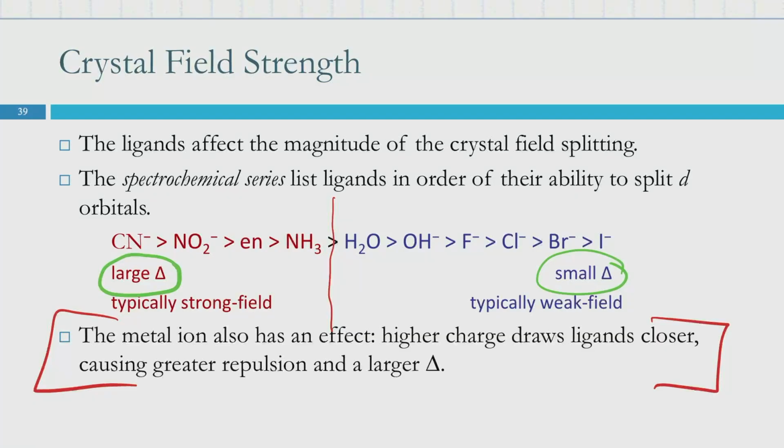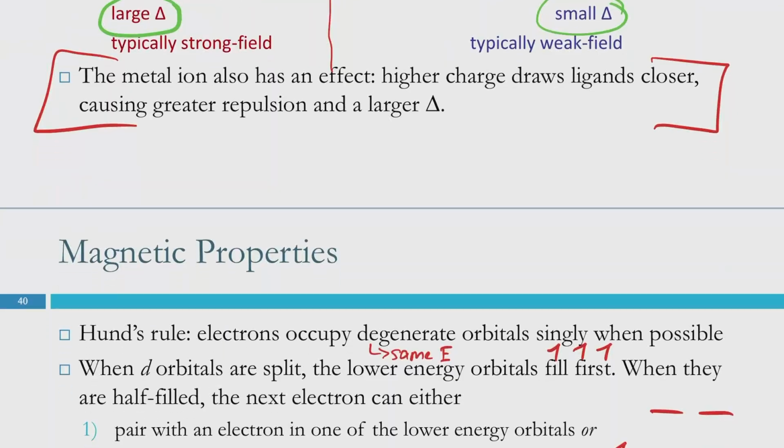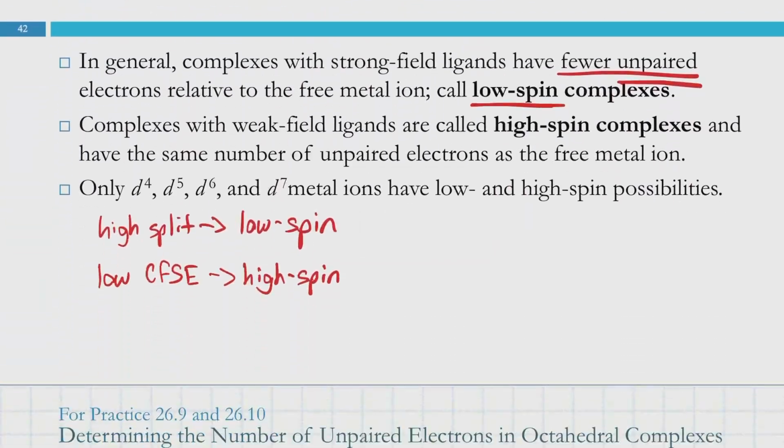It wouldn't hurt to know that the things that have nitrogen in them, at least on this spectrochemical series, like ethylenediamine, the diamine part, two amine groups, it's got nitrogens in it. These all have nitrogen. I don't know if that's just a coincidence. And then these things are all other stuff. So halogens are weak, water's weak, hydroxide's weak.